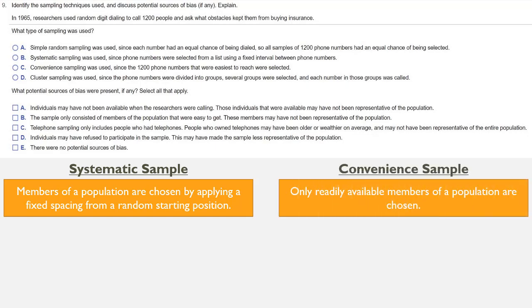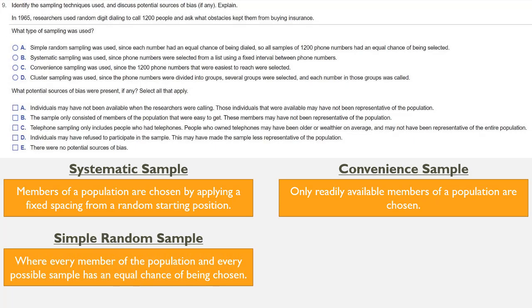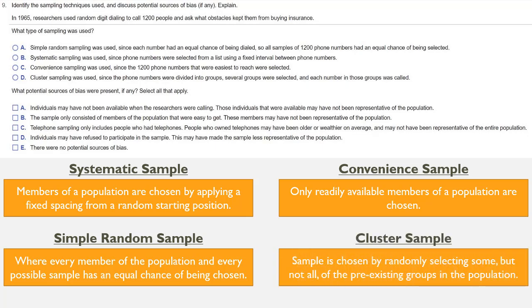In convenience sampling, only the most readily available members of a population are chosen. In simple random sampling, that's where every member of the population in every possible sample has an equal chance of being chosen. And in a cluster sample, the sample is chosen by randomly selecting some, but not all, of the pre-existing groups in the population.